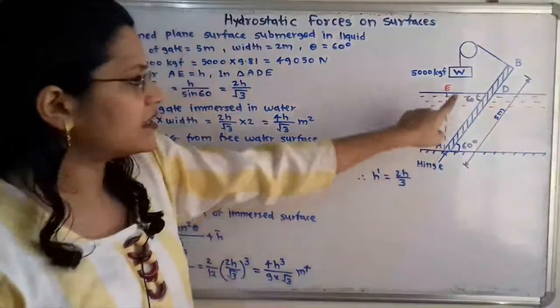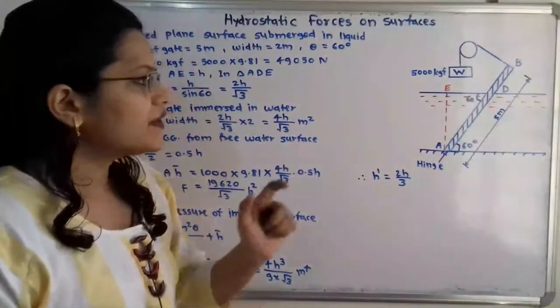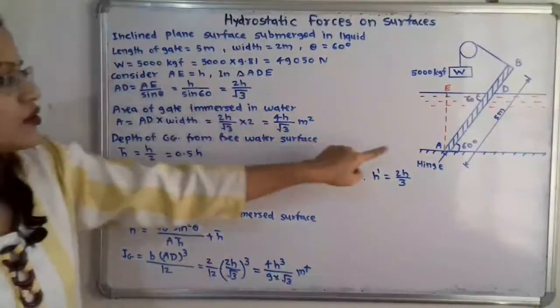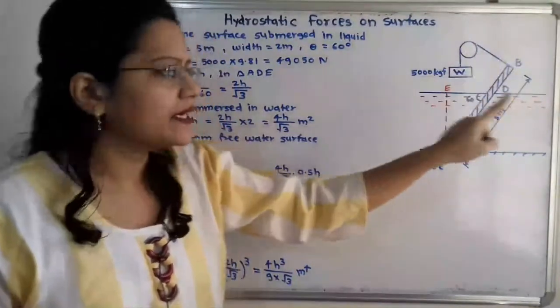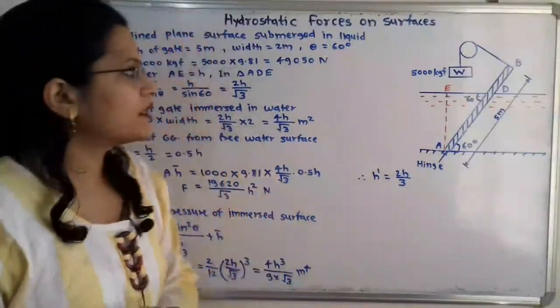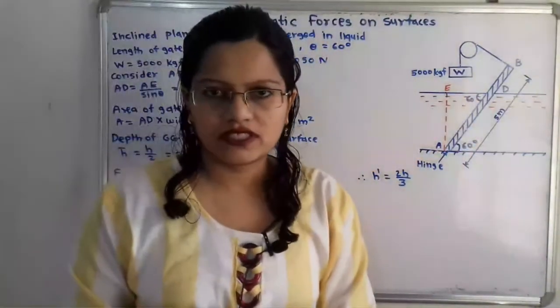So we can write theta is equal to 60 degree. Then we will write the dimensions. What is the dimension of gate? Length of the gate, from point A to point B, is 5 meter. Width is 2 meter and theta is 60 degree.